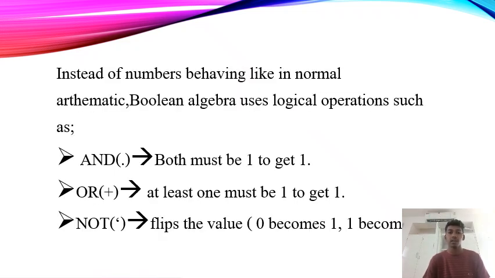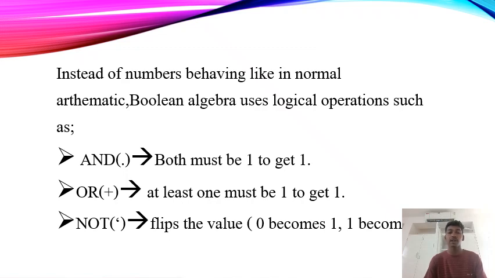Boolean algebra uses some logical operators such as AND, OR, NOT. These are the basic gates we are using in Boolean algebra. The operation of the AND gate is that when both inputs are 1, we get the output as 1. In the OR gate, if at least one input is 1, we get the output as 1.